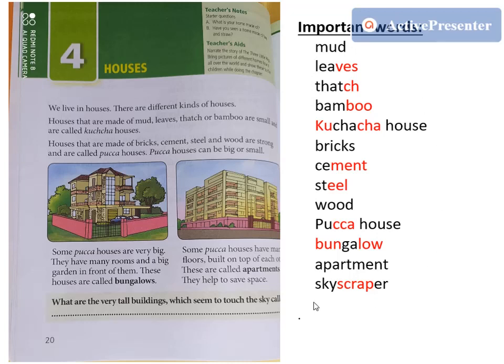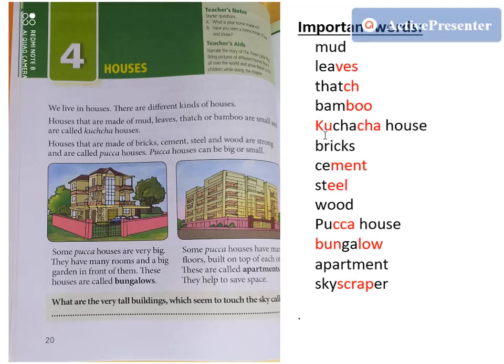Now, after reading this, you are going to learn these words. Try to understand the meaning. And I have made learning of these spellings a little easy. When the word is big, you have to break the word into parts and then learn. For example, this is kacha house. So this is a big spelling, kacha, right?